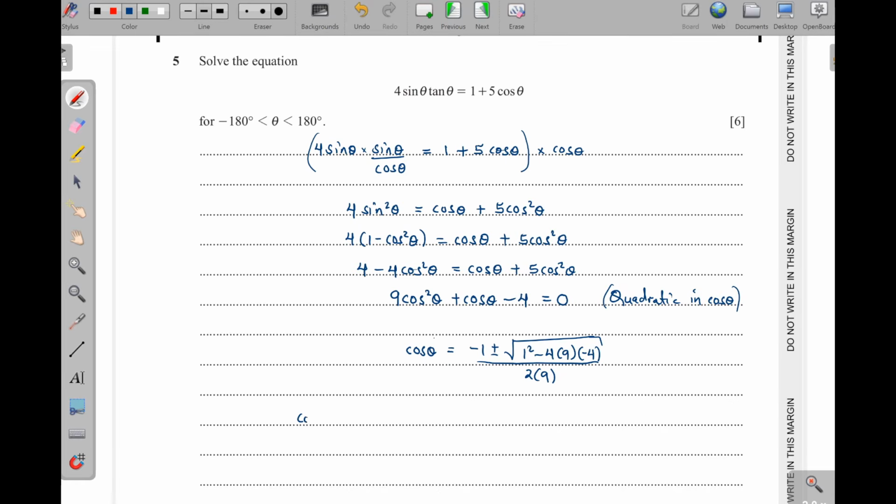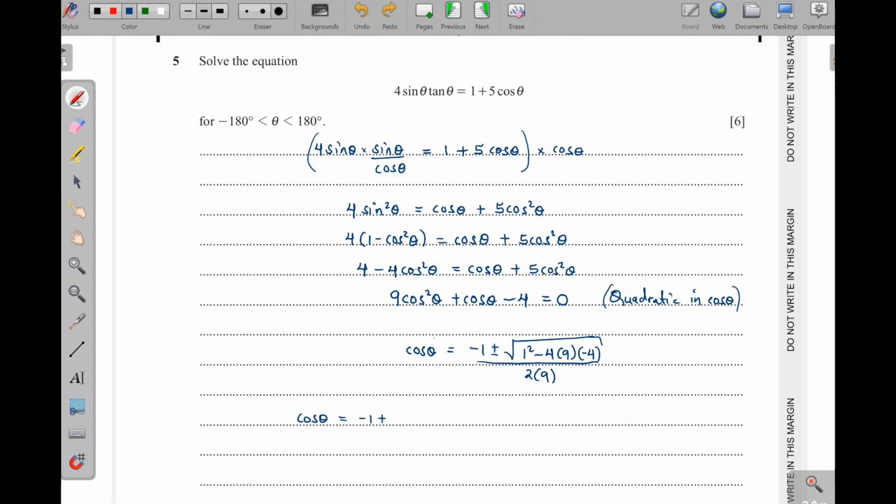So our cosine of theta shall be equal to negative 1, then plus. Inside here we have 4 times 9, that is 36. So 36 times 4, isn't that 144? Yes. So 144 plus 1, because remember, we have a negative here and a negative here, so it becomes a positive.